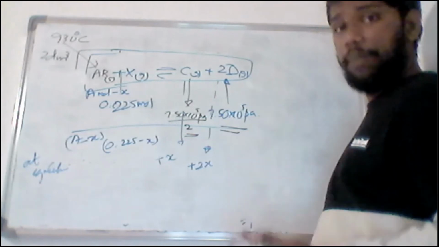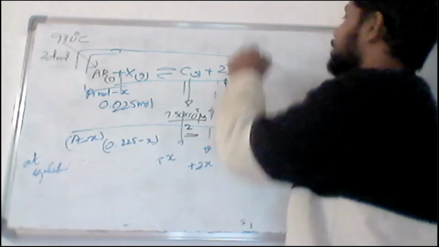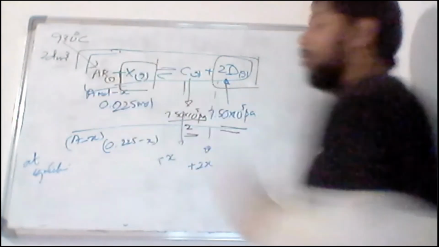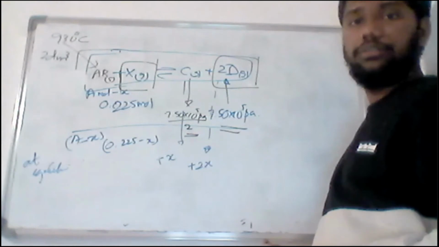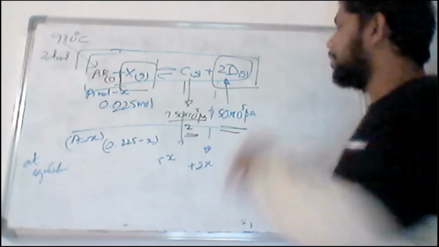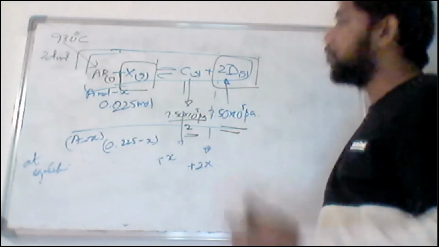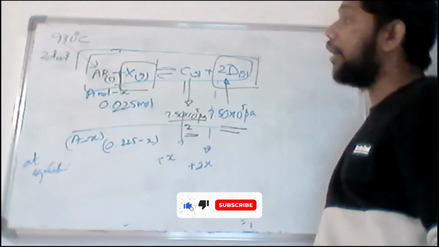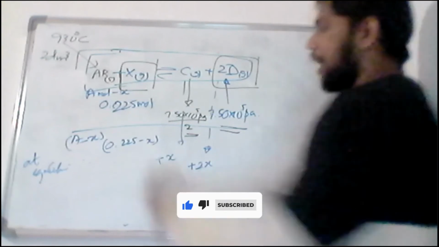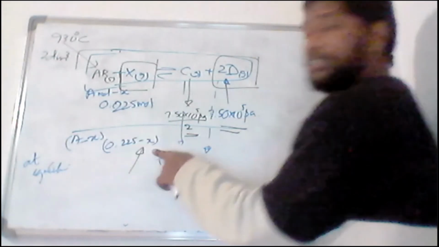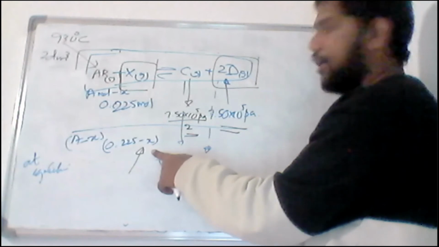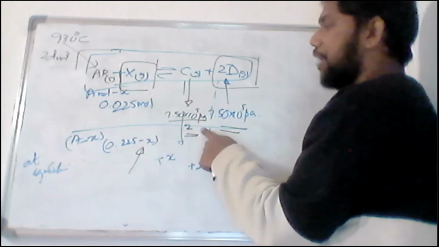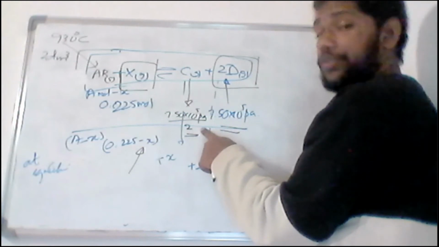And to find Kp here, the partial pressure of D and the partial pressure of X both should be known. But I have an advantage because we know the partial pressure of D. So the only thing that I have to know here is the partial pressure of X gas. Okay. But I know how much partial pressure is reduced here. Okay. Because X amount forming here was 7.5 into 10 to the power 5 over 2 Pascal.